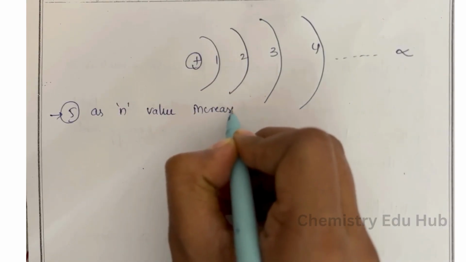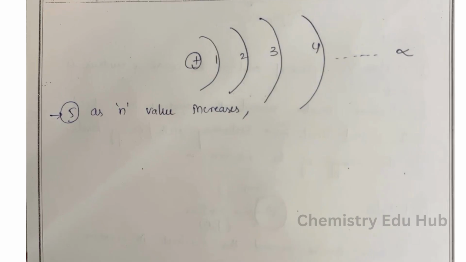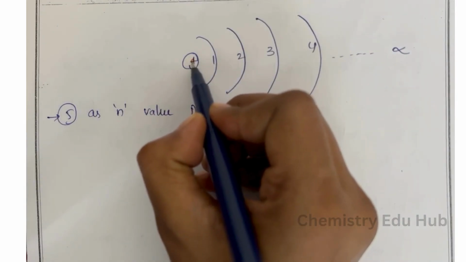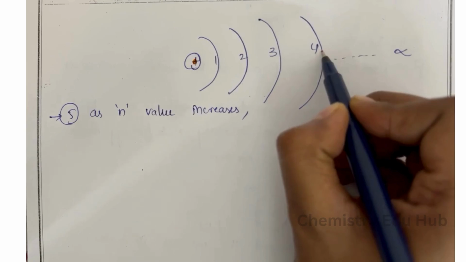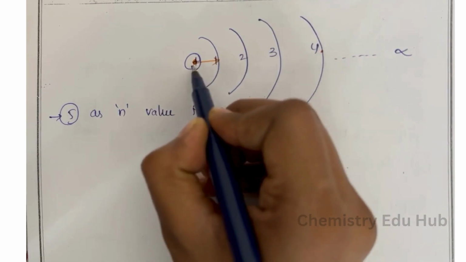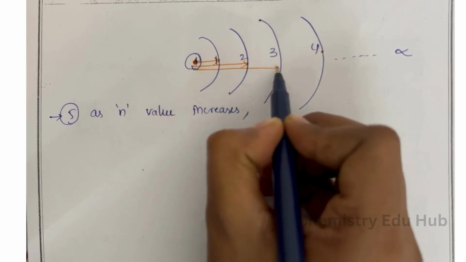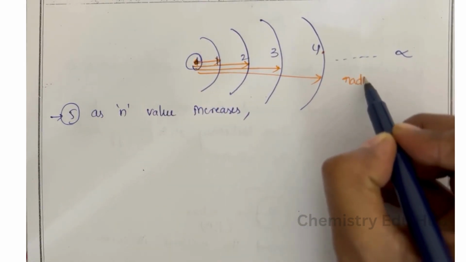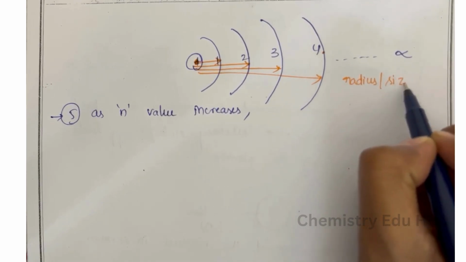what happens to the distance between the nucleus and the outermost shell? That is the radius, or you can say this is the center to the outermost shell. The size keeps on increasing, radius or size is one and the same.